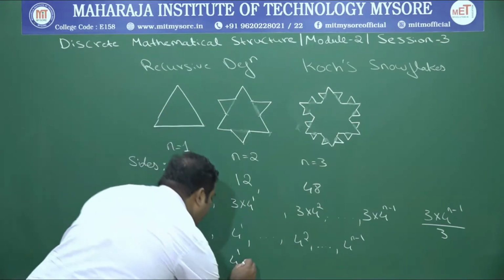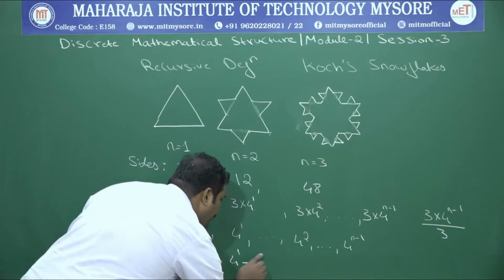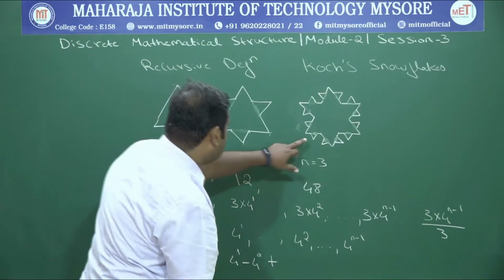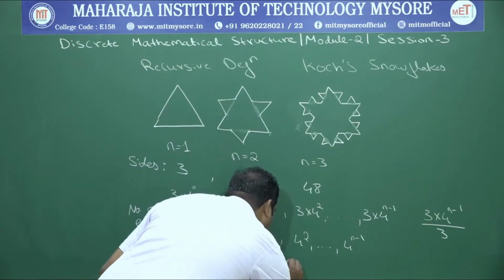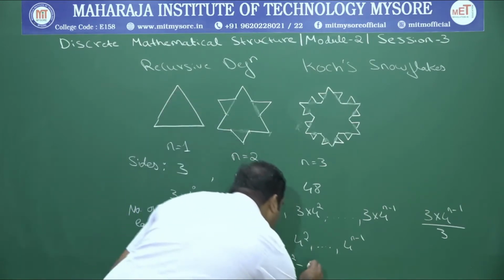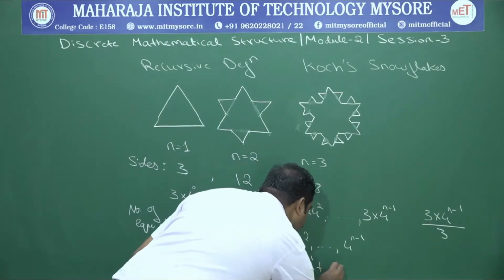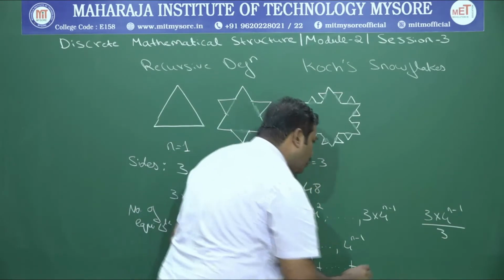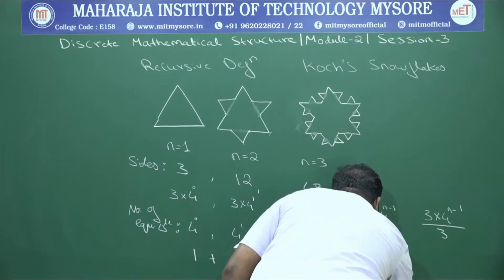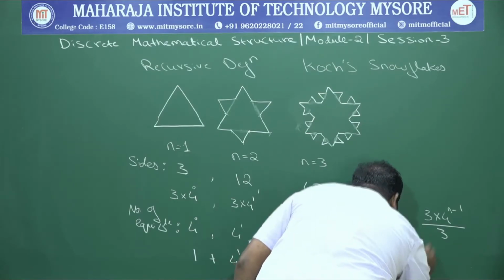Hence the previous value I am going to subtract. So this is 4 to the power of 0, plus I am going to find how many equilateral triangles are here, and I need to subtract the previous equilateral triangle. So it is 4 to the power of 1, and so on. I am just going to end up with this as 4 to the power of n minus 1 minus 4 to the power of n minus 2.